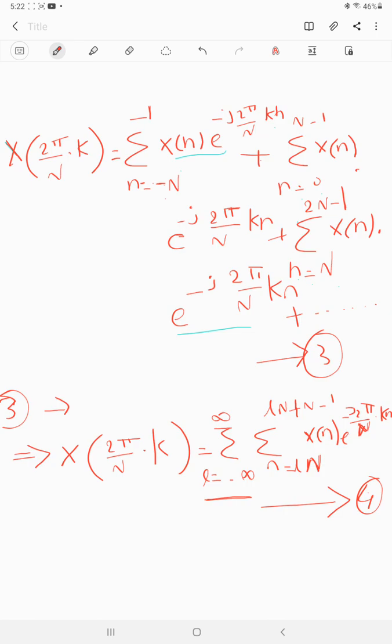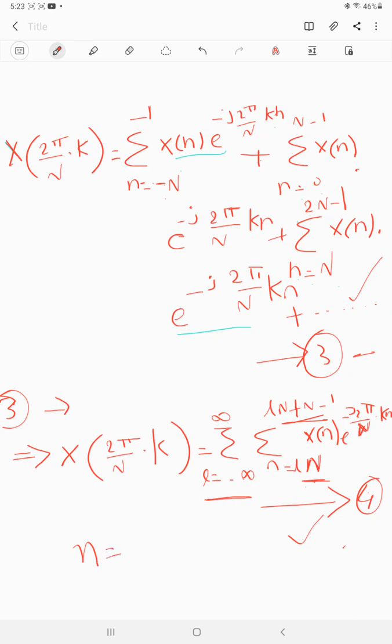If we put L equal to 1, then n is equal to N to 2N-1. So we are writing this equation in this form by compacting. If you compact, it is very easy for writing purposes. So we are compacting the above third equation to the fourth equation.